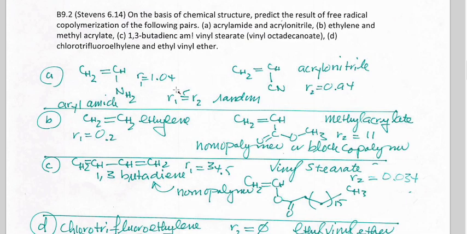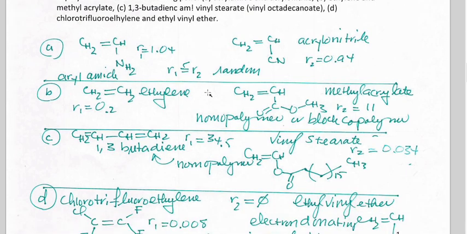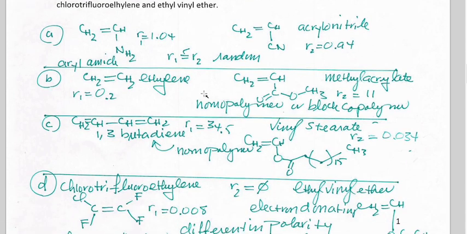We look at the r in the table. The r for the first monomer is 1.04. The second one is 0.94. So they are very similar. So if you make a copolymer from these two, you're going to have a random polymer.